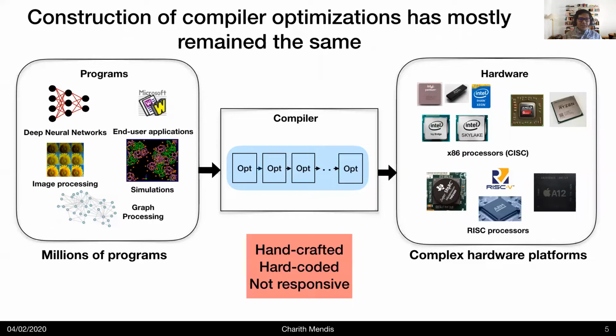In spite of these complexities, however, compilers are still constructed using technology that existed decades ago. Compiler optimizations are still handcrafted and usually only follow one hard-coded optimization algorithm and are not that responsive to changes in the computing environment. And this design has a number of different disadvantages.